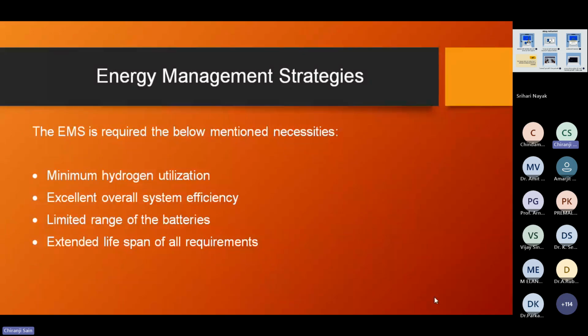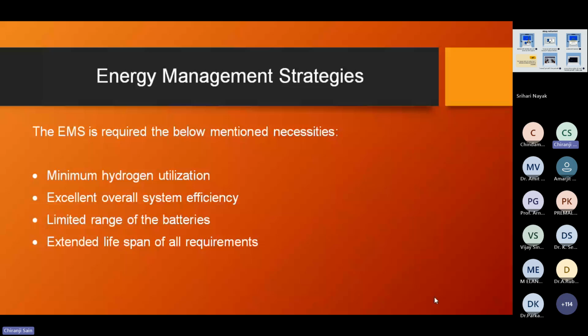Now, the energy management strategy is basically for the excellent overall system efficiency, and the range of the batteries that we need to take care of exactly, depending on the longer driving range that we need to have, and the extended lifespan of all the requirements.